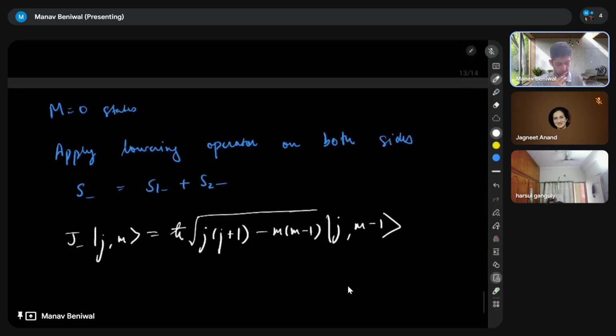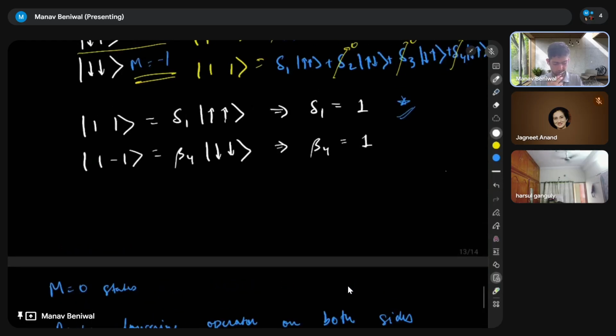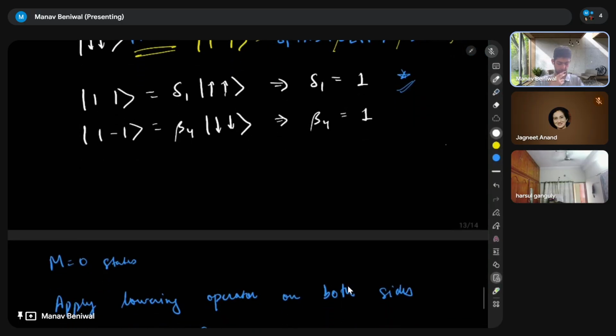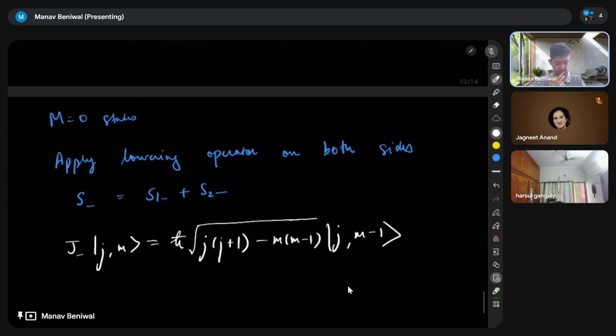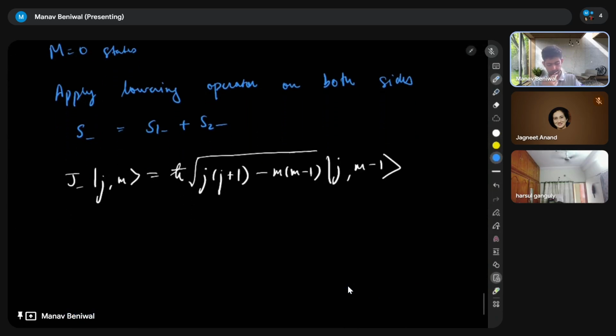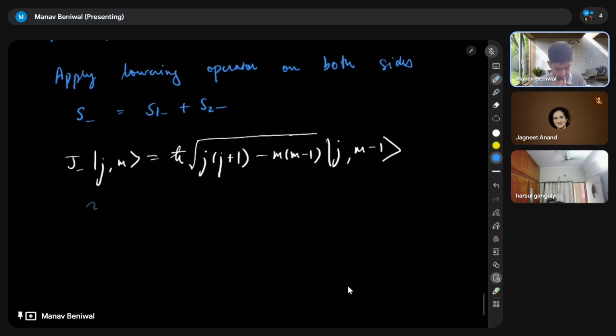So now we have this equation already, the 1 1 and this up up configuration. Now we'll lower this. If I apply the lowering on 1 1, you can see it will become 1 0. So let me apply S minus on 1 1.